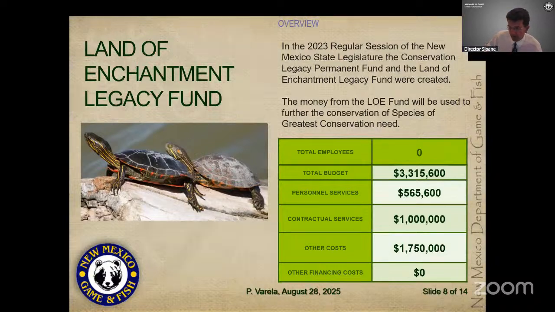So we have bird biologists, reptile herpetologists, mammal biologists, fish biologists. So there are 4 in the wildlife division and 4 in the fisheries division that will be working on a variety of those species that we've identified as species of greatest conservation need. Great. Okay. Thank you. Going to go to that next one.